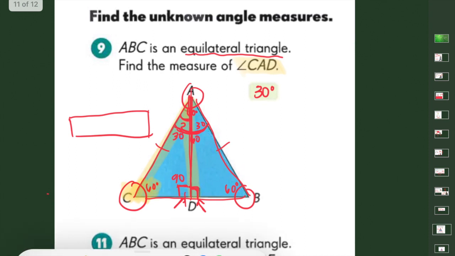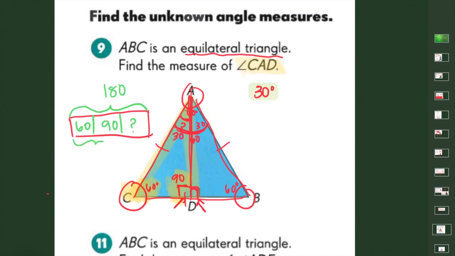One angle measure is 90 degrees. And so the missing angle measure can be found by subtracting those two known amounts from 180. So 60 plus 90 I know is 150, and 180 minus 150 is 30 degrees. See how these are kind of like number puzzles, figuring out the unknown?